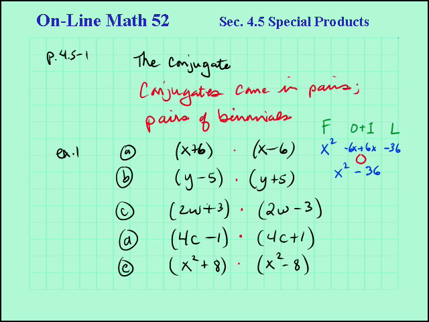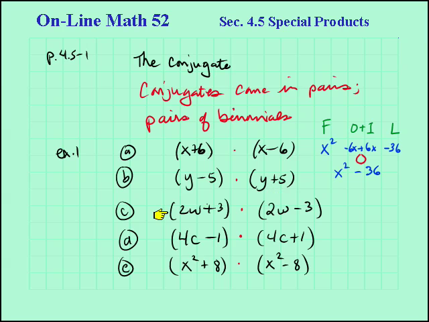And again, it's because the second terms, positive 6 here, negative 6 here, are opposites. So when we find that outer product and that inner product, we'll be getting opposites. And they will always add to 0. And we get just two terms in the end.